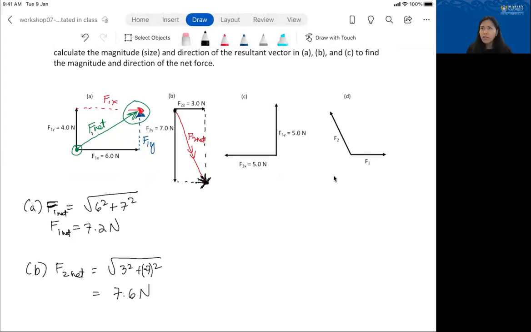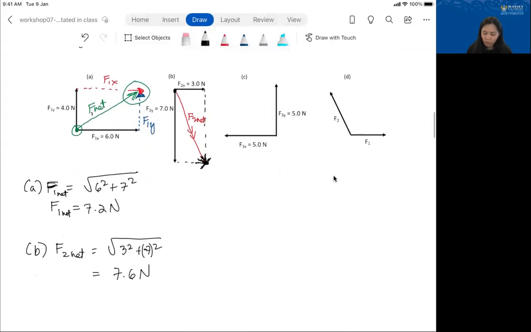And I think we're running out of time, so I probably won't do the calculation in detail for everything. Let me just draw here for part C. You have your vertical component, keeping the same directions for your forces, and then drawing your net force from where all the tails meet to where all the heads meet.